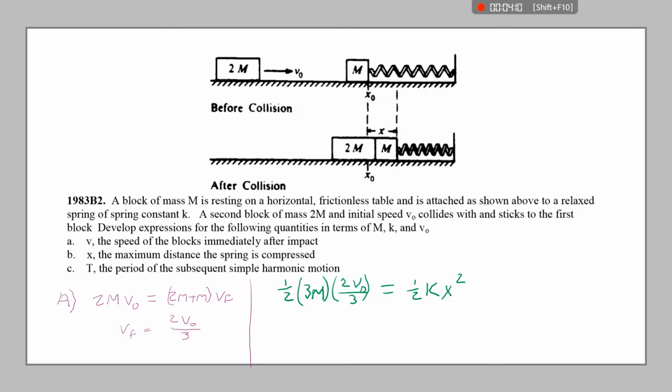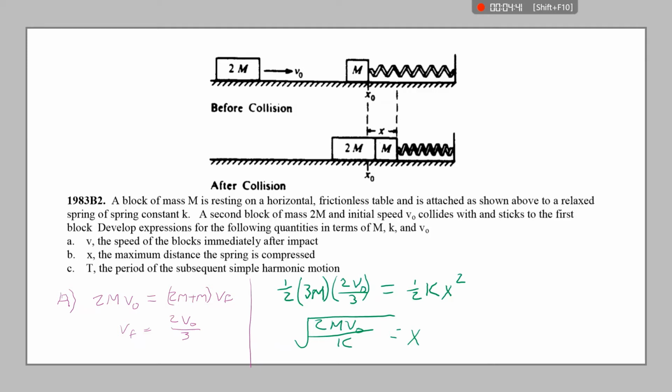Then we can solve for our x. So I'll multiply by 2, divide by k. And this will give me 2m v0 over k. And then I can take the square root. Okay, and then what can I do for a period?